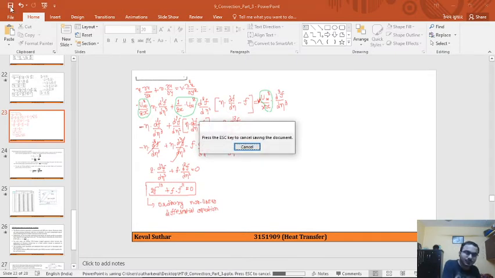So here we have obtained this ordinary non-linear differential equation.